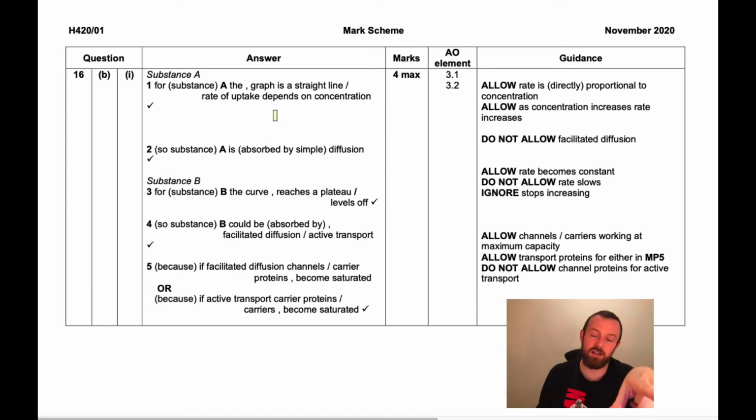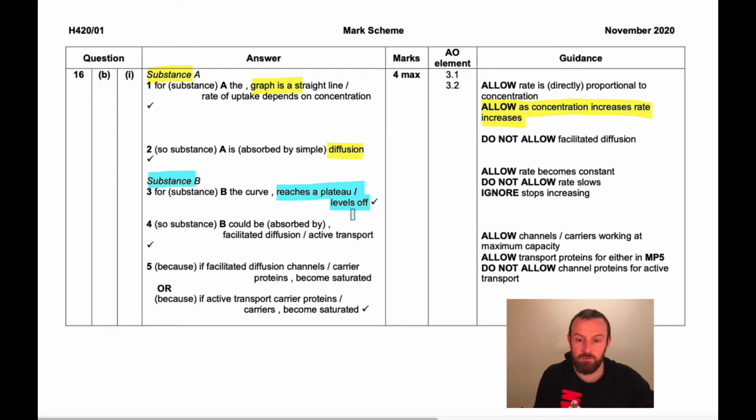So I didn't say this straight line. I think I would have got this mark though here. If I had written it, I would have said as concentration increases, rate also increases. So that is allowed. Graph is a straight line or is directly proportional is also allowed. So therefore it's diffusion. So substance A is diffusion. And then when we get down to substance B, you need to say this: reaches a plateau, levels off.